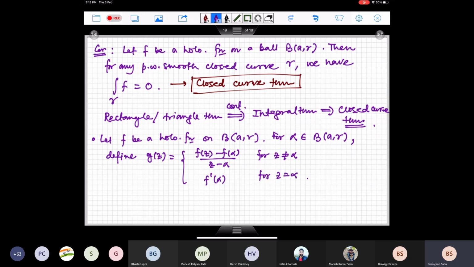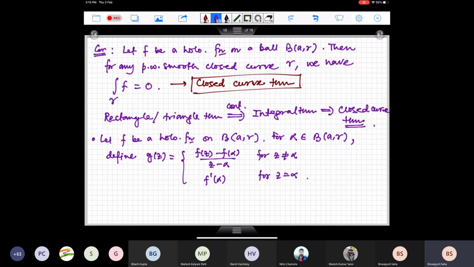I'm going to work with this particular function, f of z minus f of alpha divided by z minus alpha. This is essentially the kind of derivative that we are going to get for f.